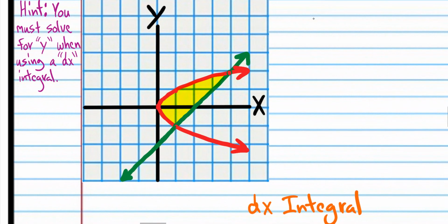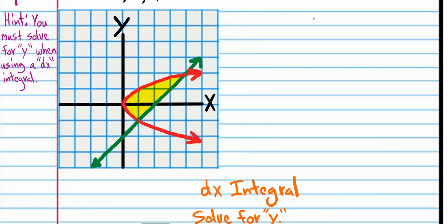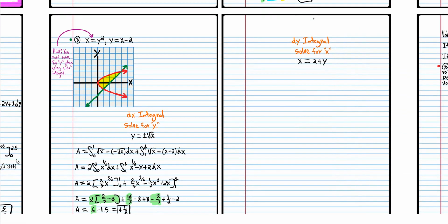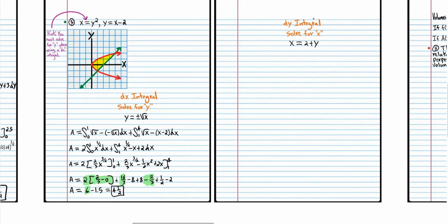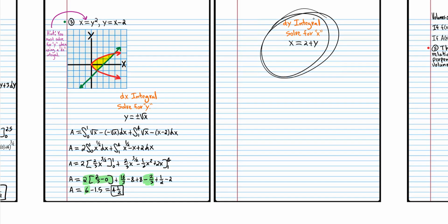So we're going to integrate from here to here, and in this case we actually don't need 2 integrals. We're just taking the green x value and subtracting the red x value, and so we actually don't need 2 integrals.